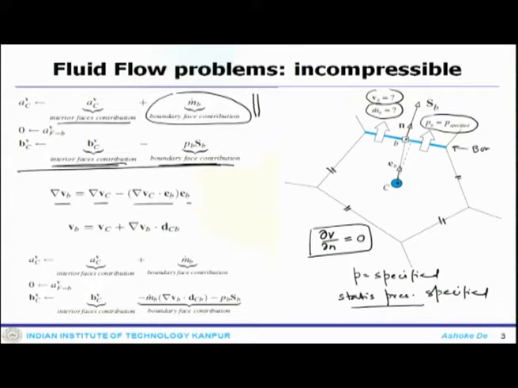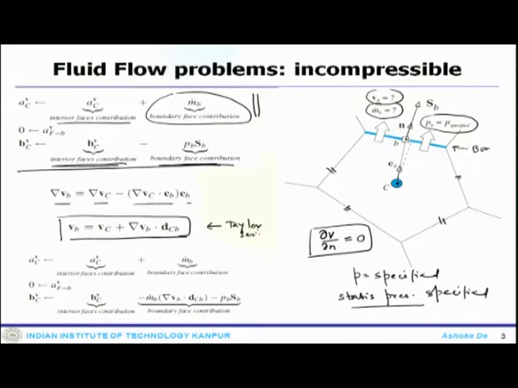One can then use the Taylor series expansion and write the velocity at that face as V_B equals V_C plus delta V_C dot d_CB. This is purely from the Taylor series.